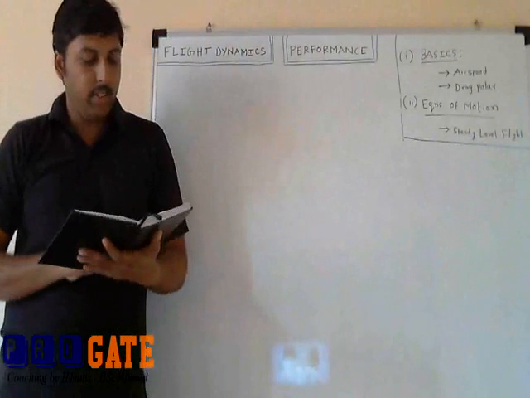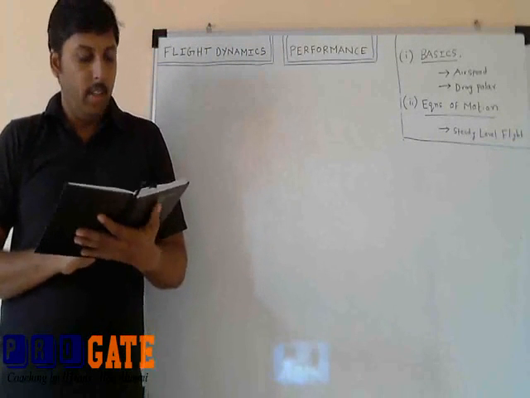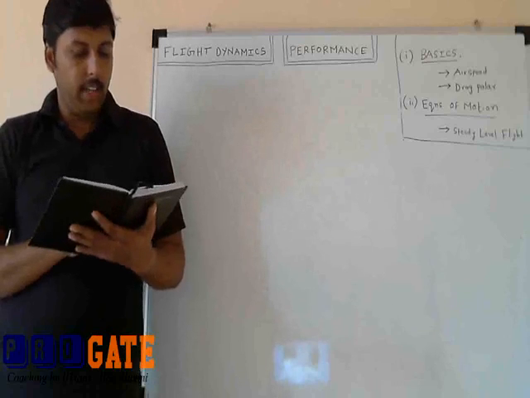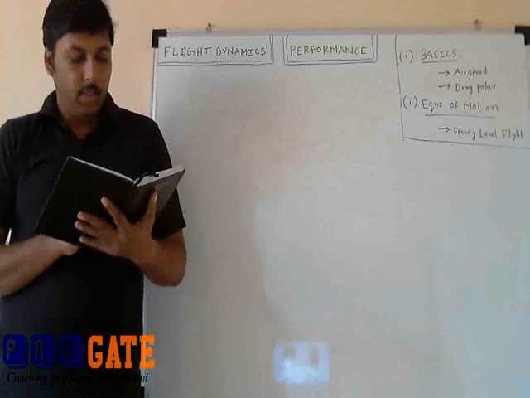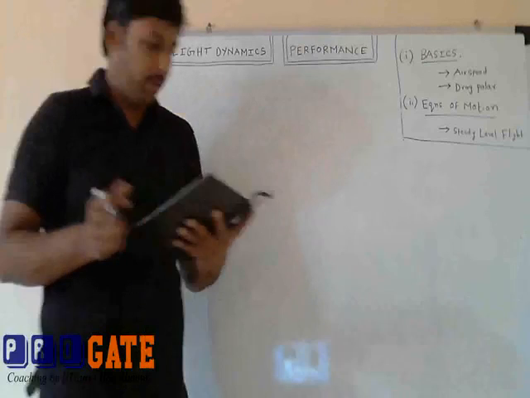The question is, an aircraft is cruising at true airspeed of 100 meters per second under standard condition at an altitude at which density is given. What is the equivalent airspeed?